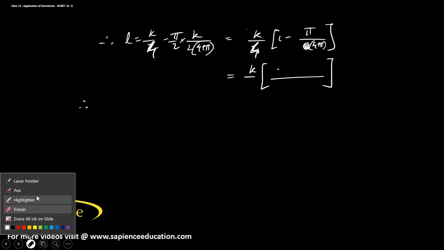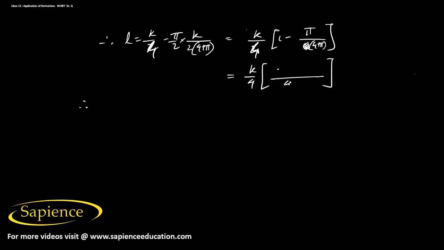So this will be k by 4 and (4 plus pi) is the LCM, and this will be 4 plus pi minus pi. So pi and pi will cancel, and then again 4 and 4 will cancel. So this is k by (4 plus pi).